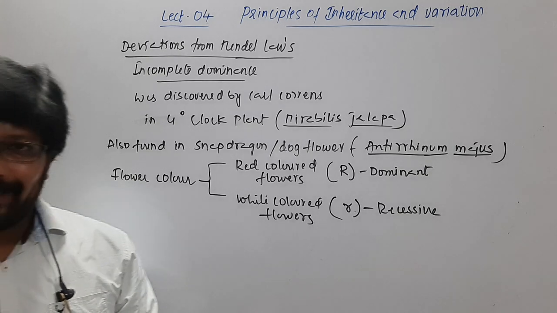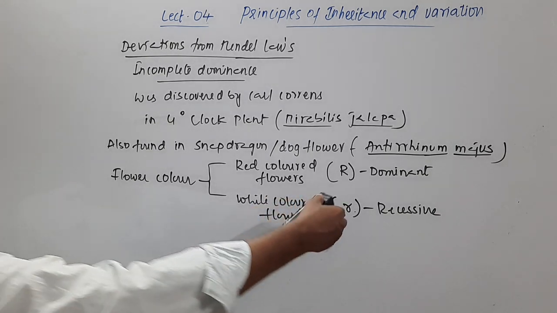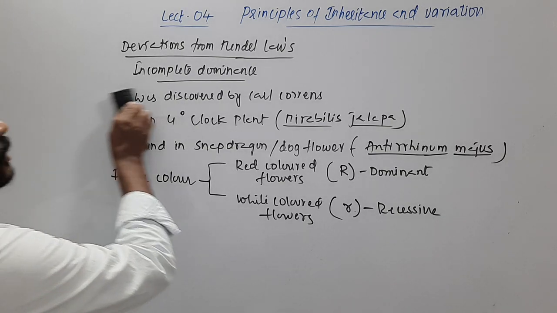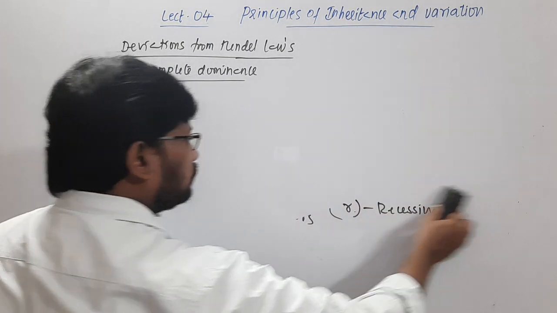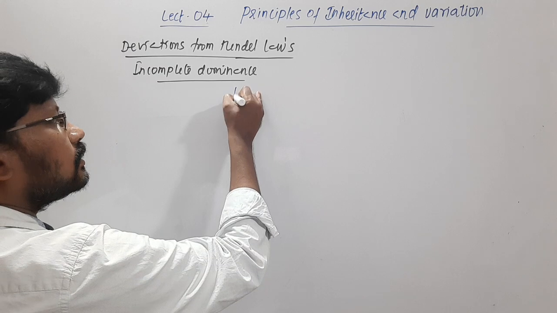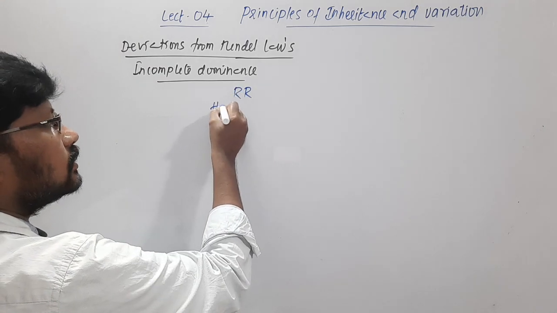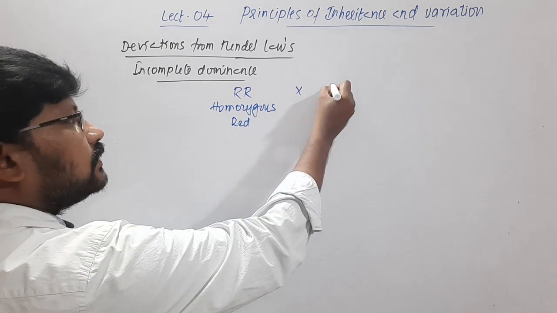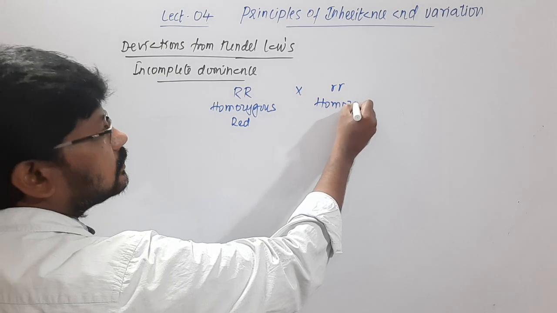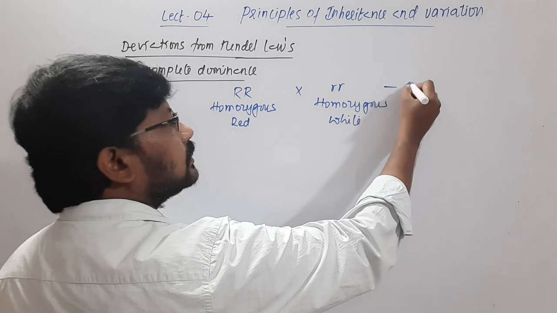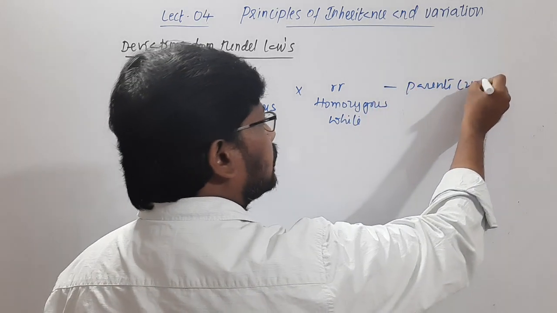Now he took homozygous dominant red colored flower plants and crossed them with homozygous white colored flowers. Let's see it. So he crossed the homozygous red with the homozygous white, and these parents are diploid.